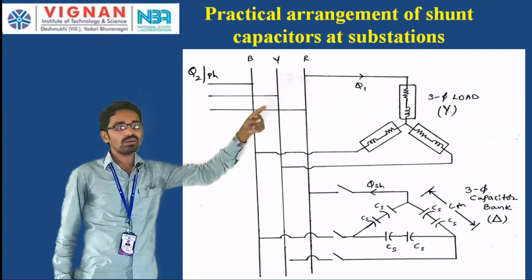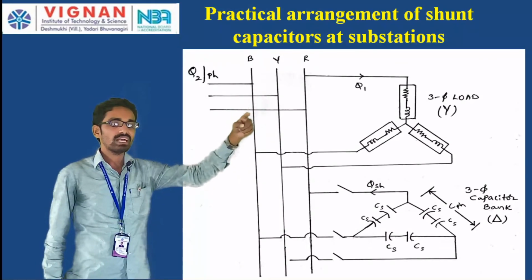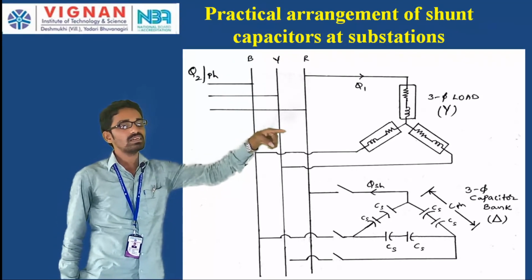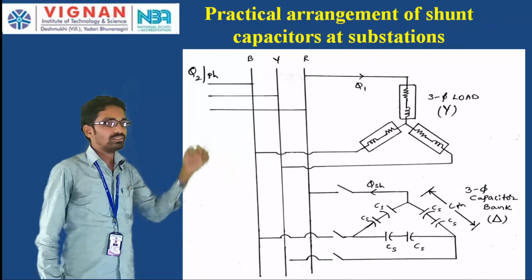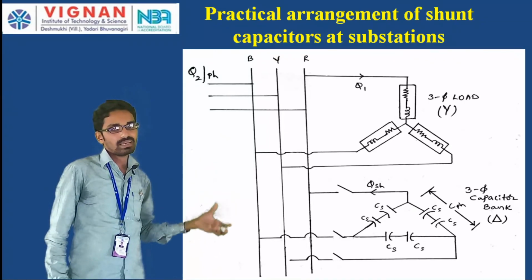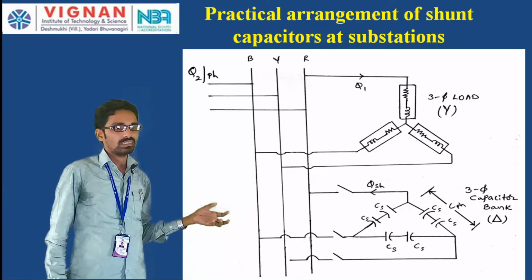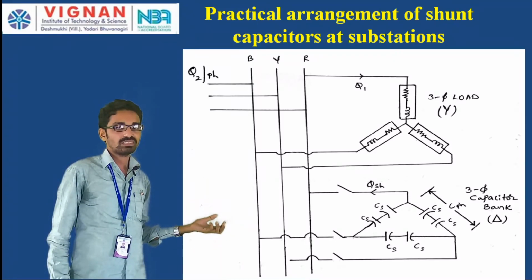The load is a 3 phase star connected load, and you are having the delta bank of capacitors, that is a 3 phase capacitor bank, connected to the transmission line or at the substation.